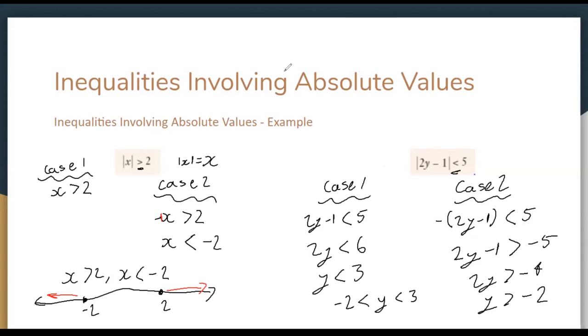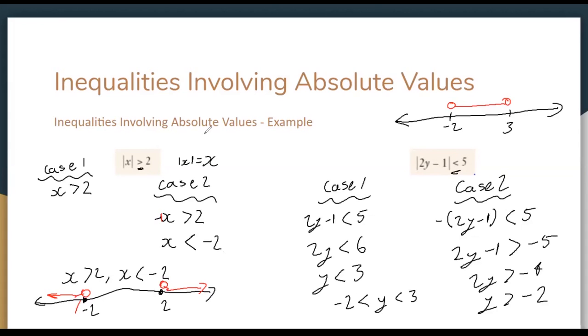So if we draw this one on a number line, then we can have minus 2 and 3, and we get in between this region. And these should both have open circles because they're not equal to.